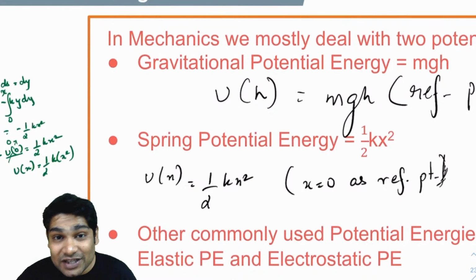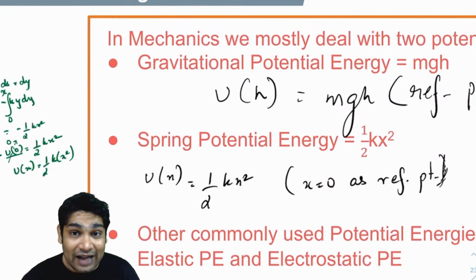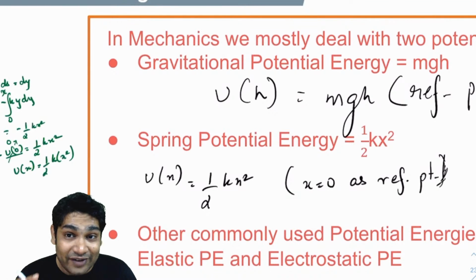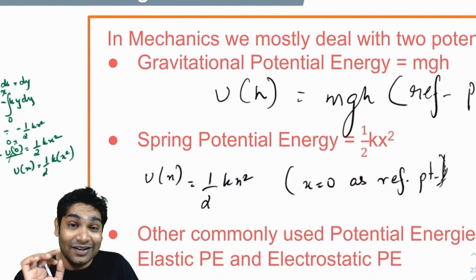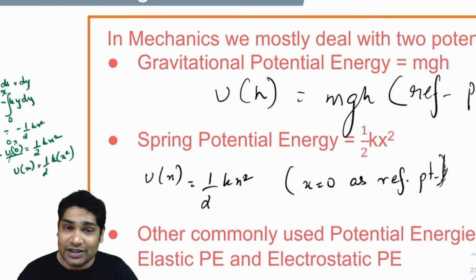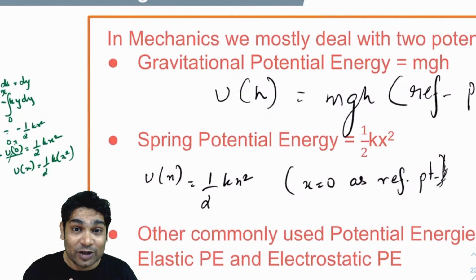And the choices may say half kx square, and it may say half kx square only when the reference point is taken at x equals 0, and it may say if x equals 0 is taken as say point of 2 joule energy. I mean, I can assign any energy on x equals 0. So I can even say at x equals 0 it has 2 joules of energy. In that case, U at x will become half kx square plus 2.